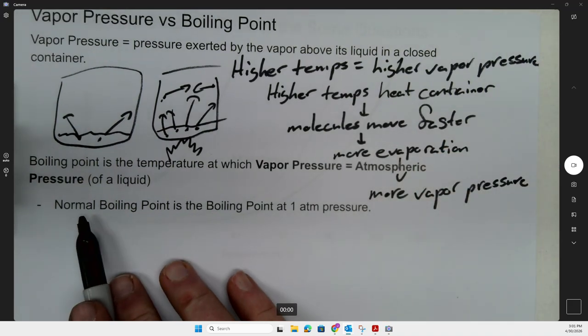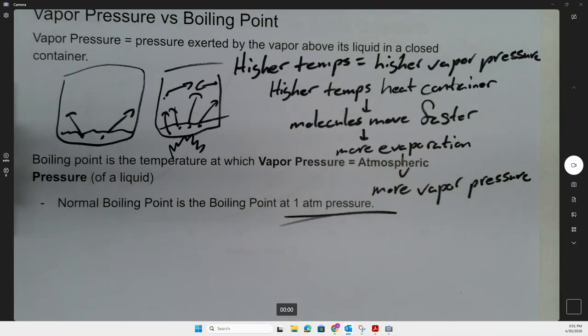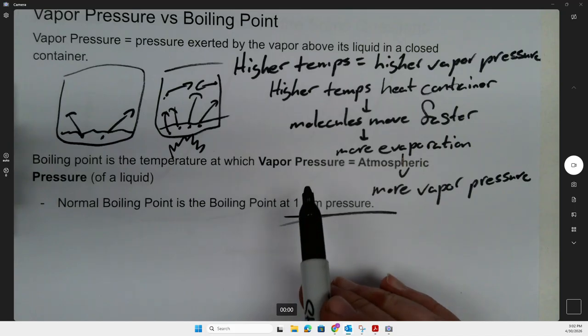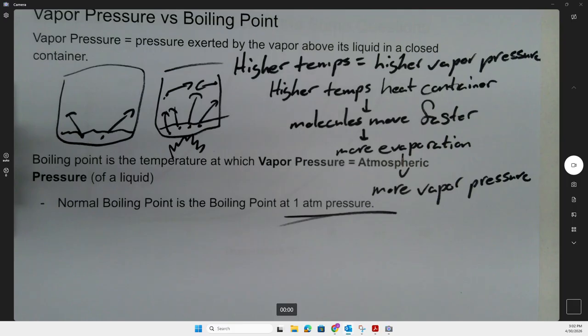An ideal or normal boiling point is going to happen at 1 atmosphere pressure. Unless I say otherwise, we are going to assume the boiling point is at 1 atmosphere of pressure, because that is where the vapor pressure equals the atmospheric pressure.